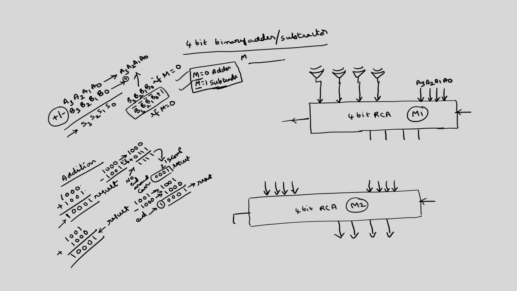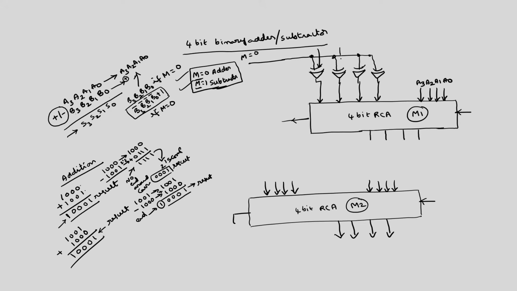So, I will give one signal as this M signal, so if M is equal to 0, I have to keep as it is. I know that for exclusive OR gate, if one input is 0, the other input will be the output. Okay.